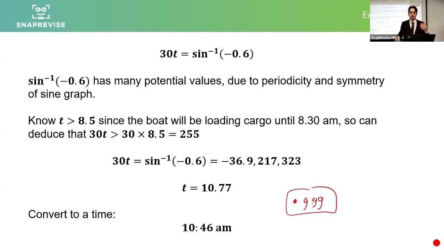If you're doing it the old-fashioned way or using a different calculator and you can't find that button, then you can just keep dividing: find 0.77 of 60, and then you get it in minutes, and then you can do it for seconds. But we want it to the nearest minute. Also note that we'll say AM, so it's clear what time of day. So these are one of the modelling in context questions.